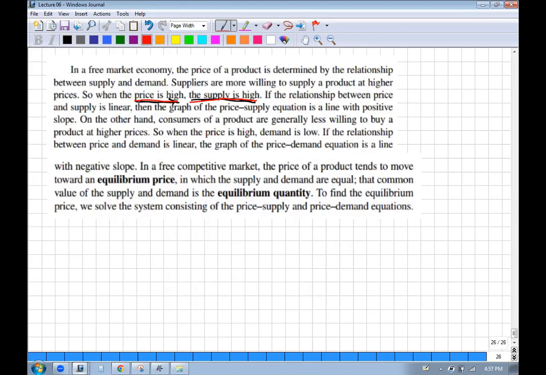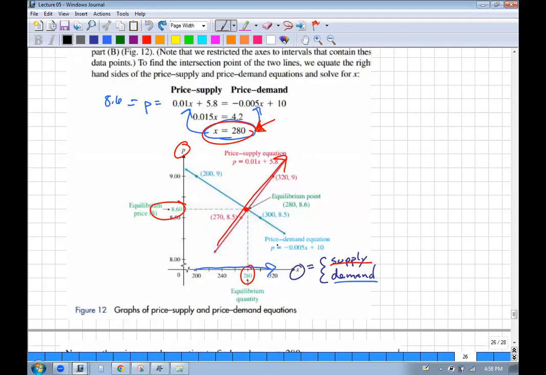Okay, on the other hand, consumers of a product are generally less willing to buy a product at higher prices. So when a price is high, the demand is low. Okay, that makes sense. And I was reading this one backwards, right? For the demand, I was like, well, the higher the demand, shouldn't the price be going up?